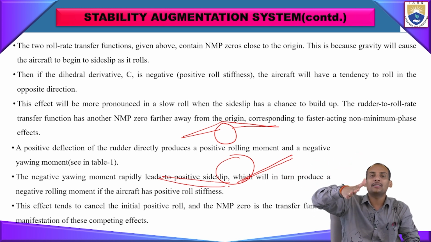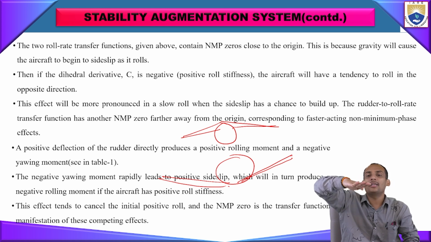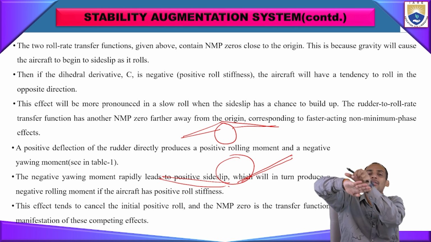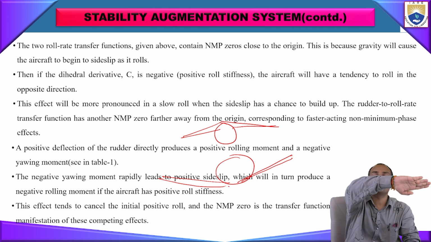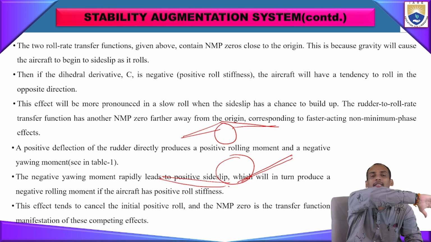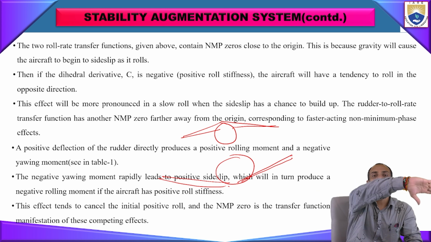Same vice versa. If you need to go to the left side, the rolling moment will be negative and the yawing moment will be positive. The positive yawing moment means a right side turn and negative means a left side turn.